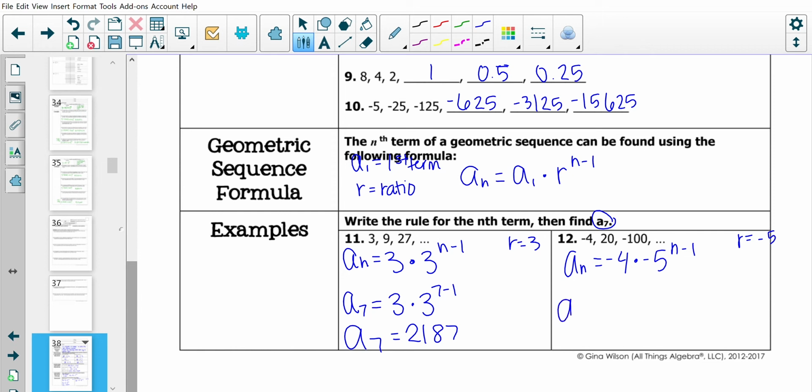A7 equals negative 4 times negative 5 to the 7 minus 1. And you get A7 equals 62,500.